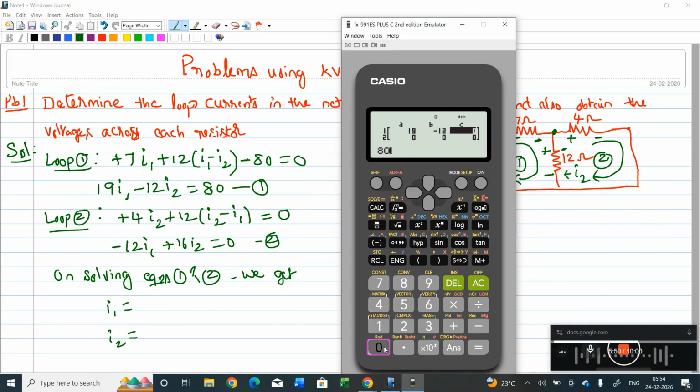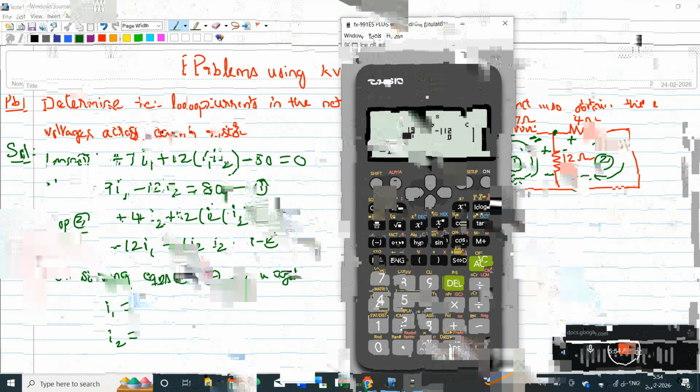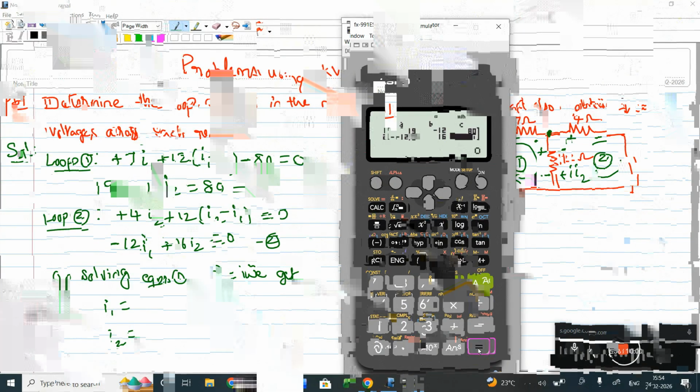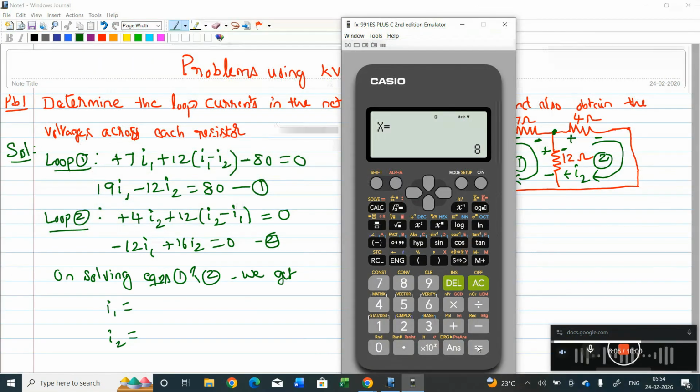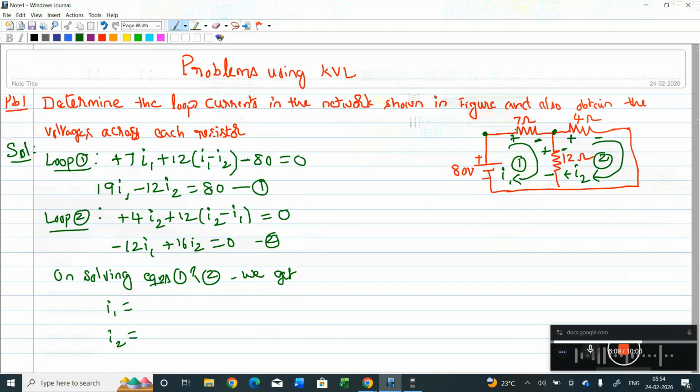The constant term is 80 on the right hand side. And in the second equation, the I1 coefficient is minus 12, the I2 coefficient is 16, and the constant term on the right hand side is 0. After entering, if you press equal, we will get the first variable as 8, second variable as 6. So I1 is equal to 8 amps, I2 equal to 6 amps.